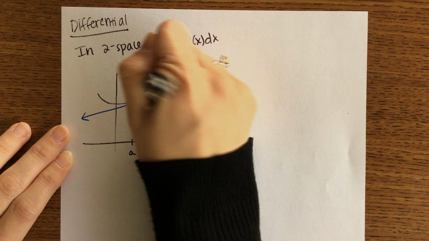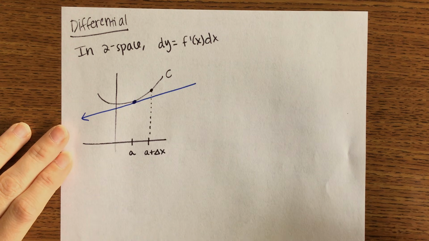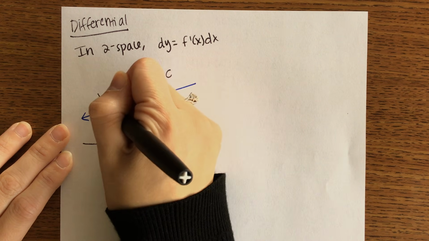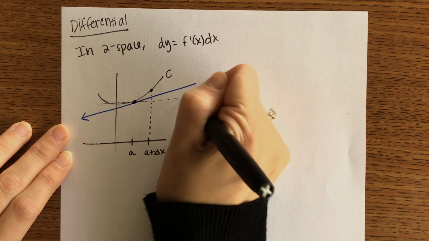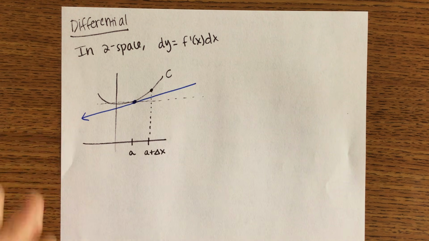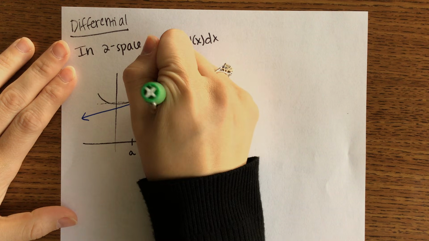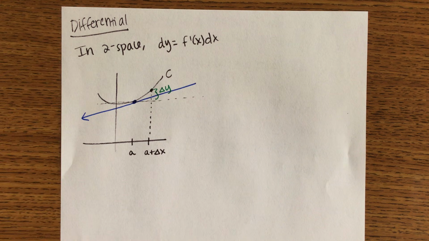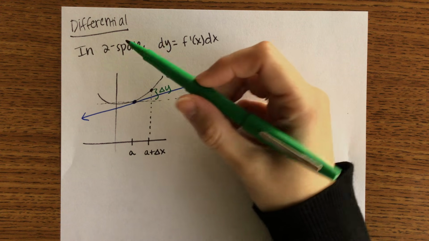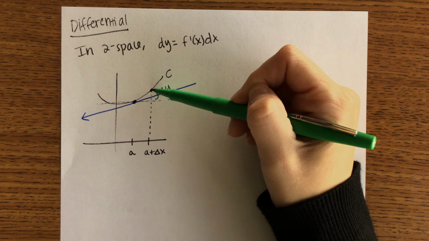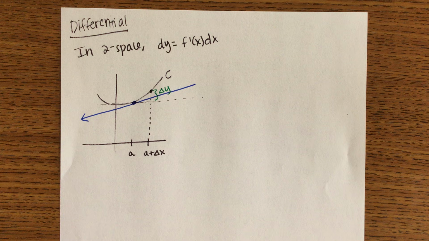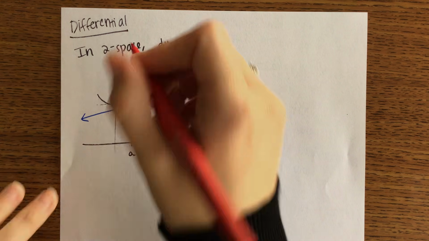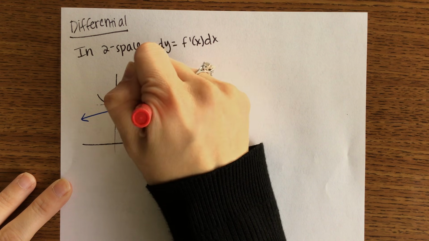So this then is the actual y value. This right here is delta y. That is the actual change in y, from where I originally was to where I am now. Do we see that? Okay. So then this little part here, that is dy.